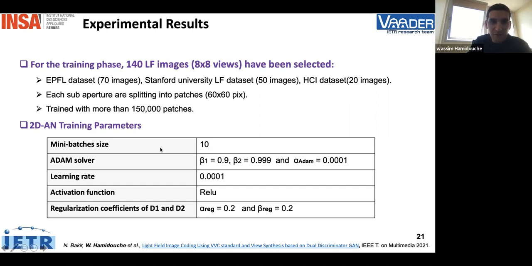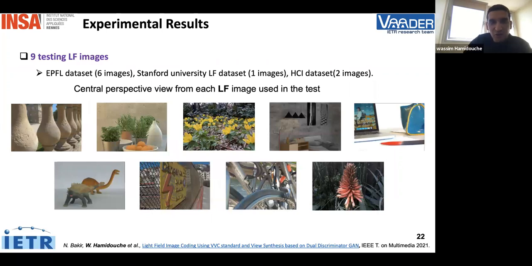Here are some of the parameters used to train the D2 GAN network. For the testing, we took 9 light field images, 6 from EPFL, 1 from Stanford, and 2 from HCI. Illustrations of these images are given here, and it should be noted that these images are not included in the training phase.